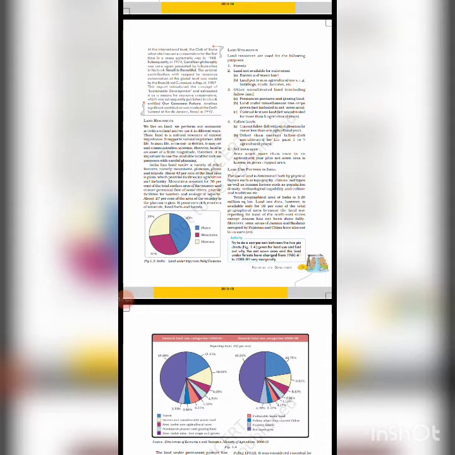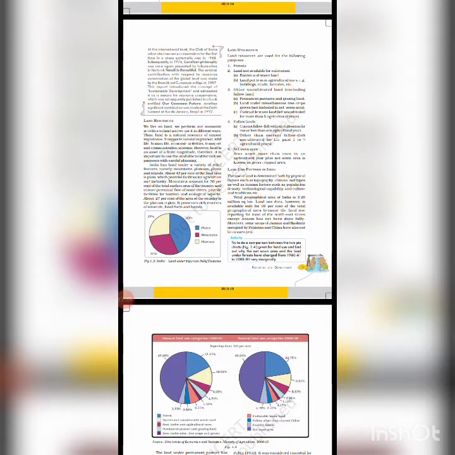Land use pattern in India. The land use pattern is determined by physical factors such as topography, climate, soil type, and human factors such as population density, technological capability, and culture and tradition.